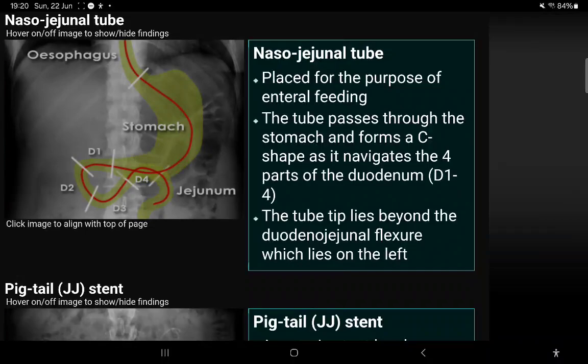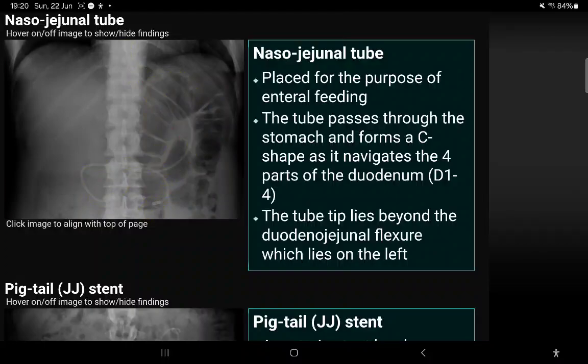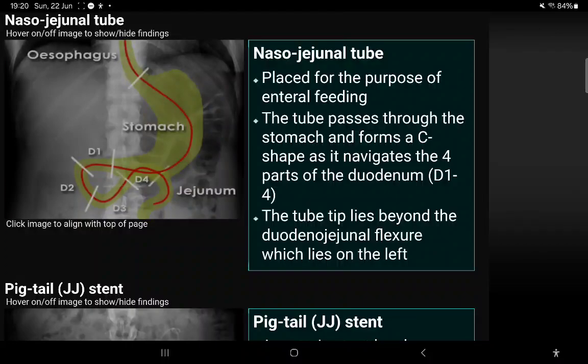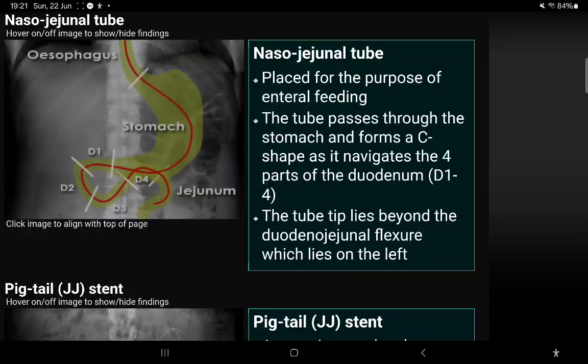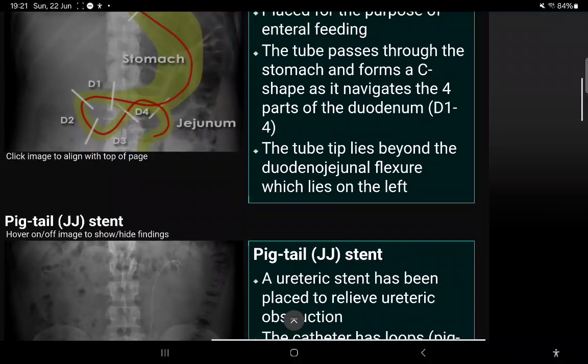Coming through the esophagus, stomach, duodenum, parts 1 to 4, D4 and D3, reaching the duodenum after crossing the four parts of the duodenum, which is a type of feeding tube like the nasogastric tube. In a nasogastric tube, its tip ends within the body of the stomach or antrum.